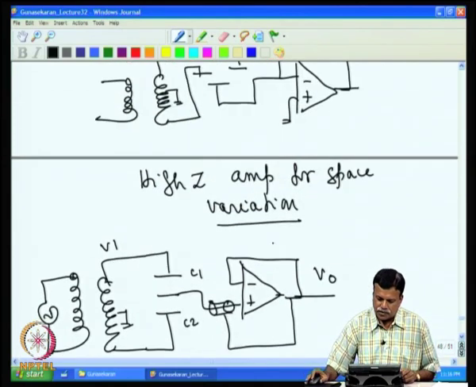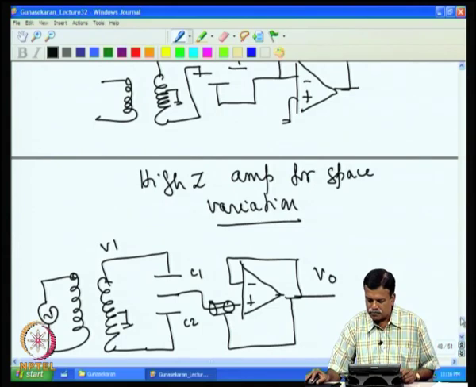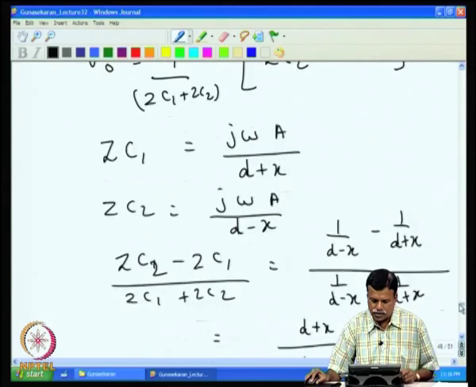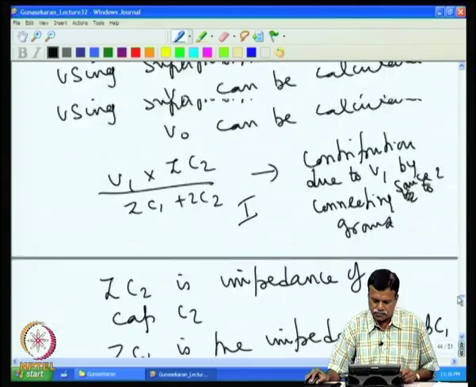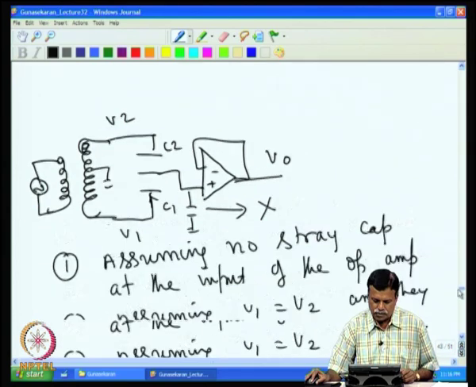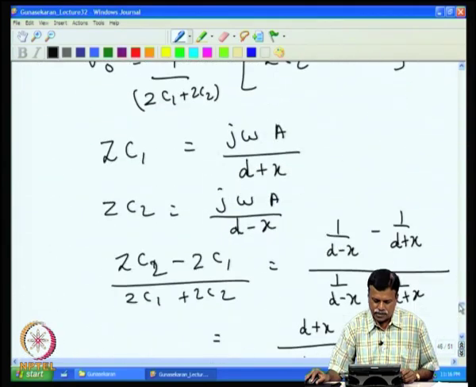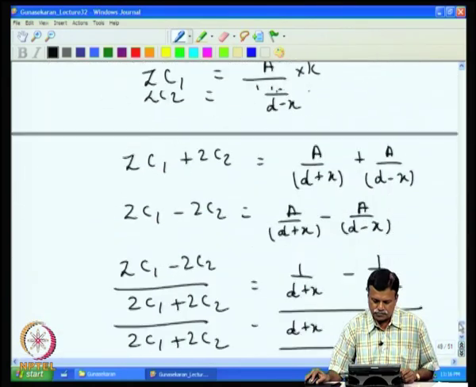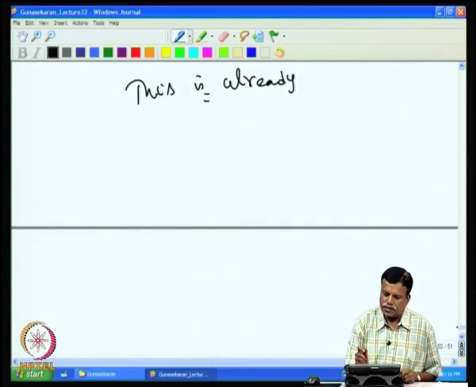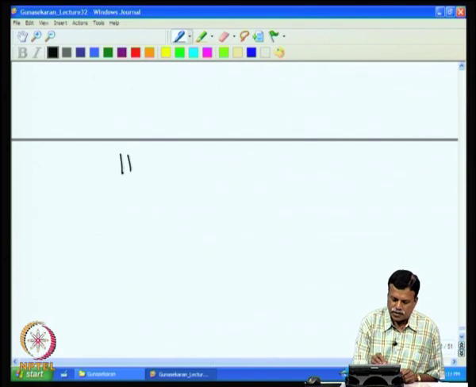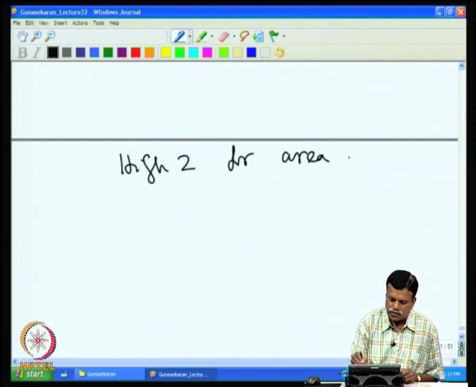The space variation was already done. I will do now the amplifier for area variation.